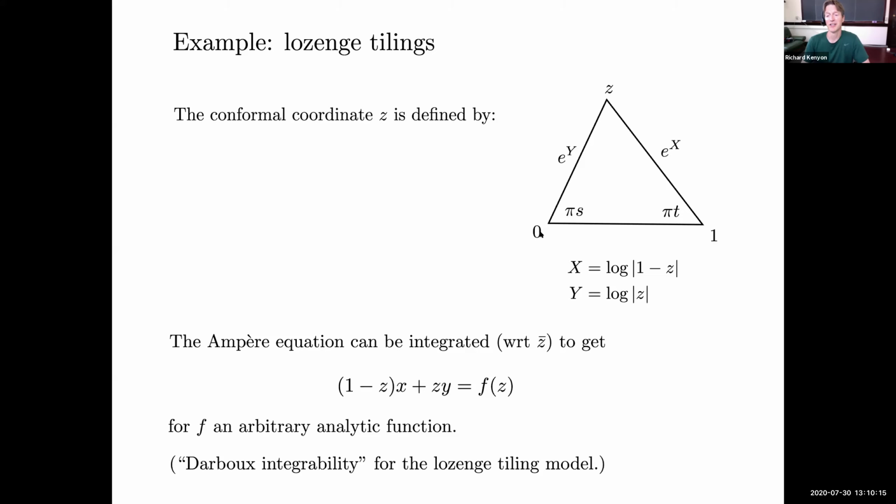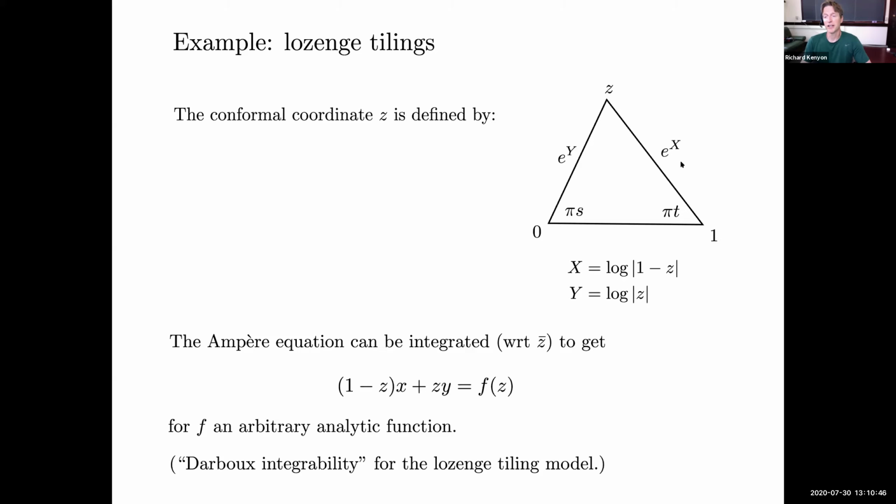I have to give you z as a function of s and t here. You take a Euclidean triangle with angles pi s and pi t and vertices 0, 1, and the third vertex is at some point in the upper half plane, and that point is the complex coordinate z. So this defines z uniquely as a function of s and t, 2 points in that triangle which I've called n.